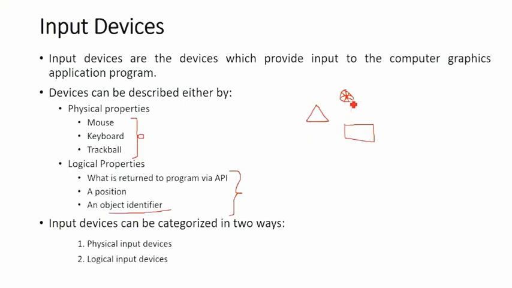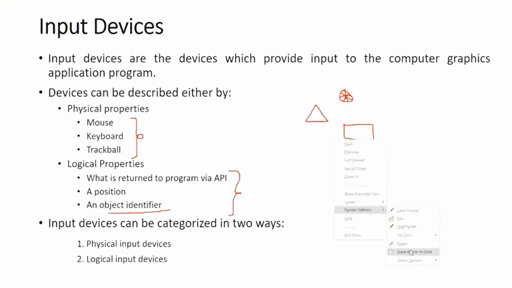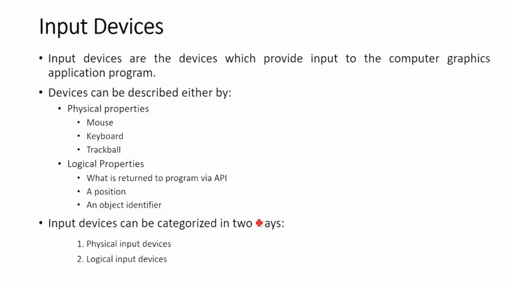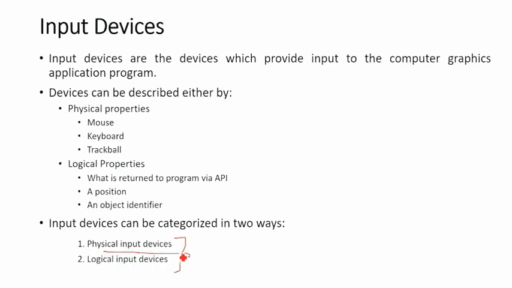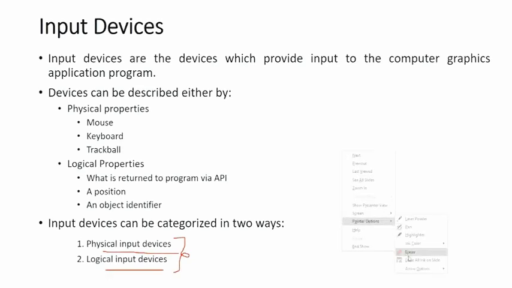So these things are basically logical properties. Based on what kind of properties we look into, we can categorize our input devices into two types: one is called a physical input device, the other one is called a logical input device. We will look at these two kinds of input devices now.